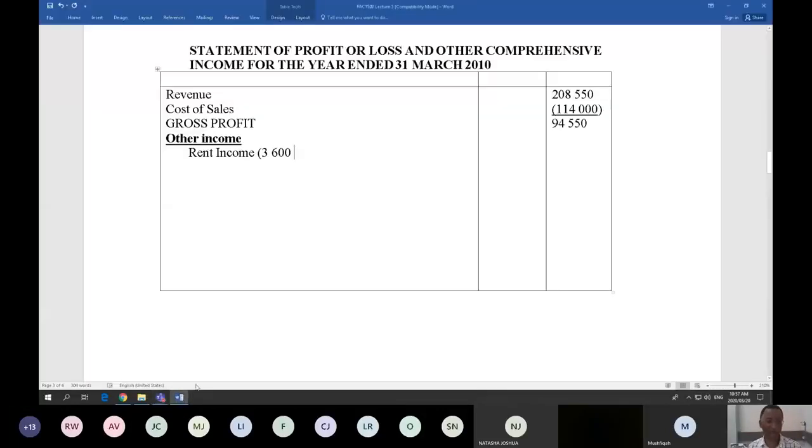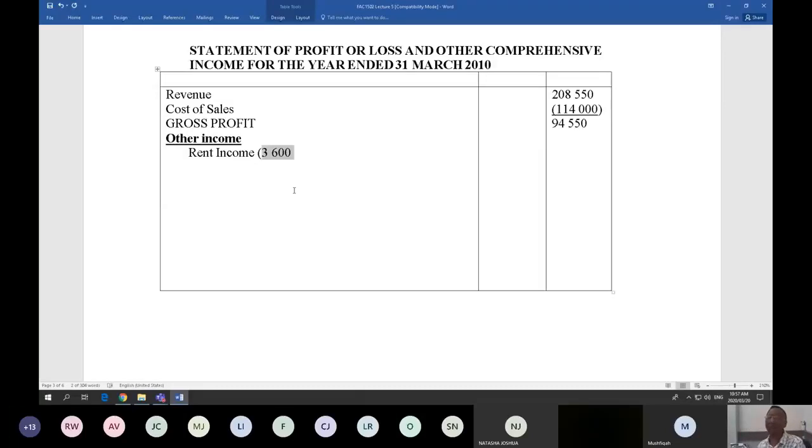And we call that income received in advance. So the 3,600 he paid for the year, if you break that down per month, you take the 3,600, divide it by 12, and he is actually paying 300 rand per month.